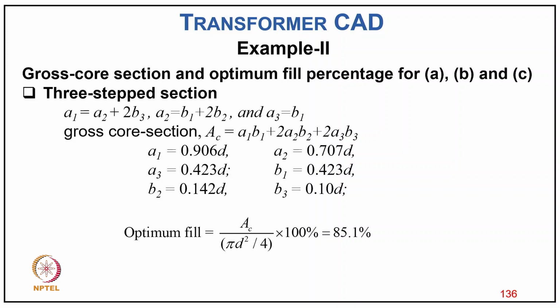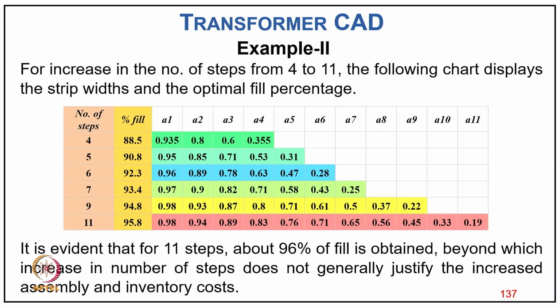After solution, A1 equals 0.906 d, A2 comes 0.707 d, A3 comes 0.423 d, B1 comes 0.423 d, B2 comes 1.42 d, and B3 comes 0.1 d, and the optimum fill AC upon pi d square by 4 comes to 85.1%. So you can see clearly that using more steps we are able to raise utilization to 85%.